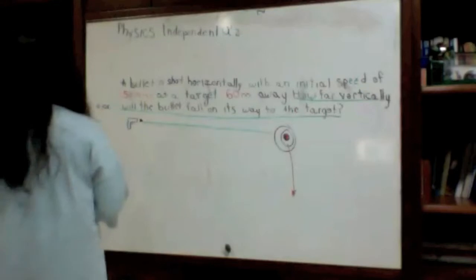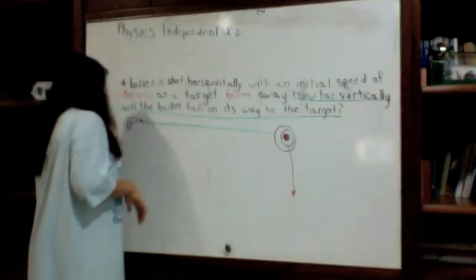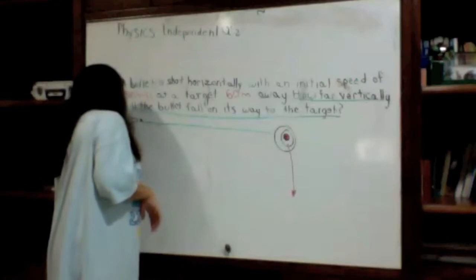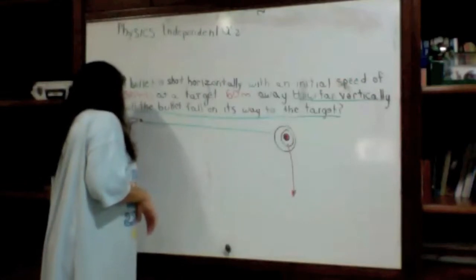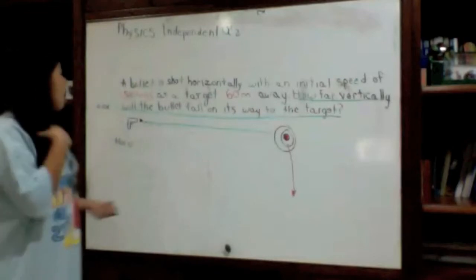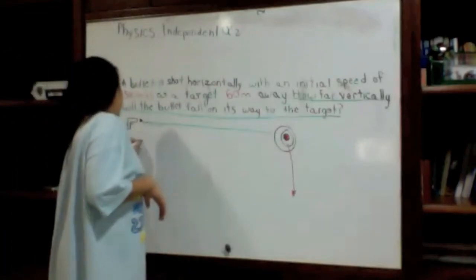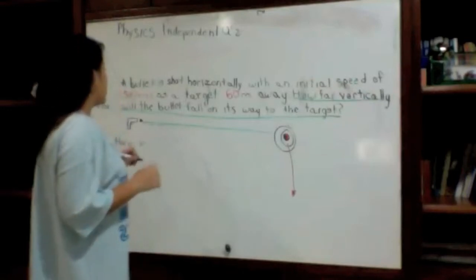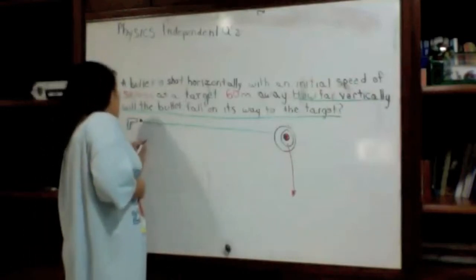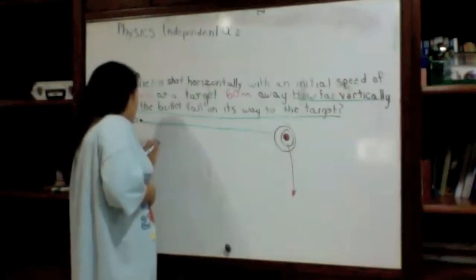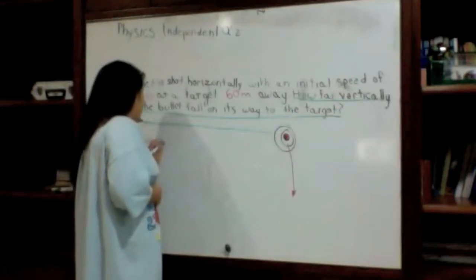Okay, so let's do it. We know our initial velocity is 580 meters per second.